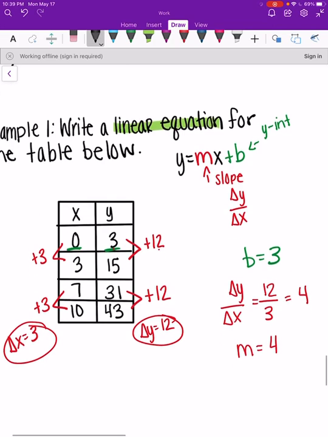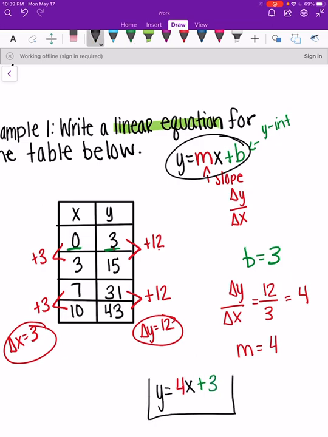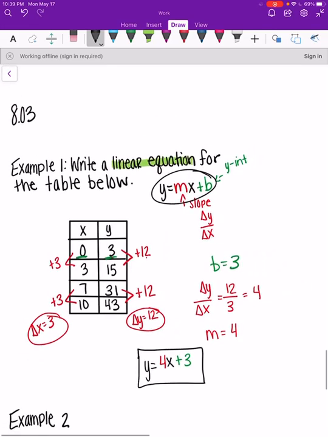Remember, my equation needs to be in y equals mx plus b form. So I have y equals 4x plus 3. And that's my equation. So that's how we use a table.